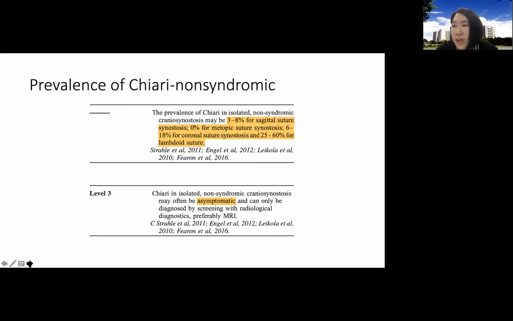The prevalence of Chiari is around 3 to 8% for sagittal, 0% for metopic, 6 to 18% for coronal, and 25 to 60% for lambdoid. Usually the Chiari is asymptomatic below the age of 18, so it can only be diagnosed by screening with MRI.